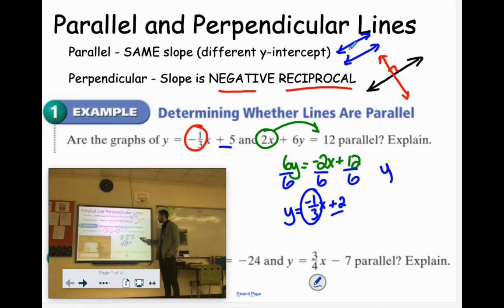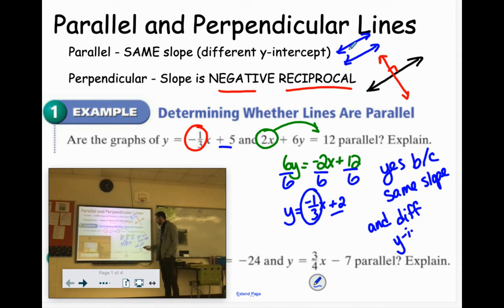So yes, because they have the same slope and different y-intercepts. So if their slope is different in any way, they are not parallel.